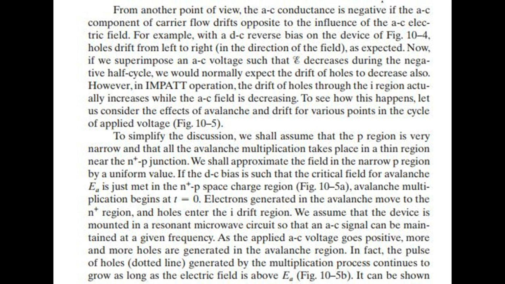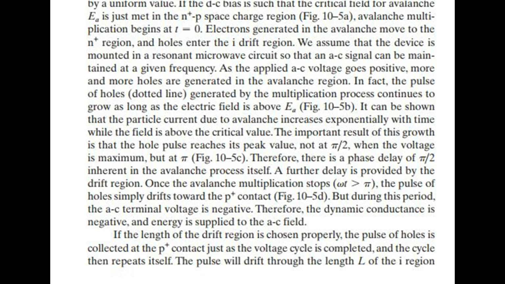It can be shown that the particle current due to avalanche increases exponentially with time while the field is above the critical value. The important result of this growth is that the whole pulse reaches its peak value, not at π/2, when the voltage is maximum, but at π, Fig 10.5c. Therefore, there is a phase delay of π/2 inherent in the avalanche process itself.